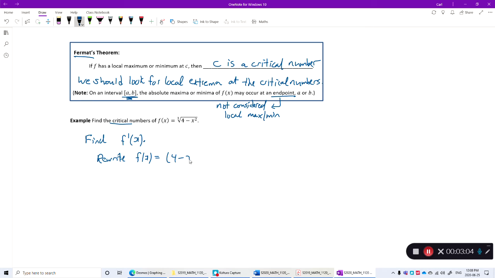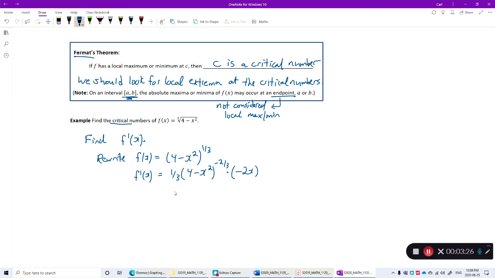That's going to make it easier. Cube root is 1/3. So now we can find the derivative. Bring down the exponent and subtract 1 from the exponent, which gives us minus 2/3. And now times the derivative of the inside, which is negative 2x.